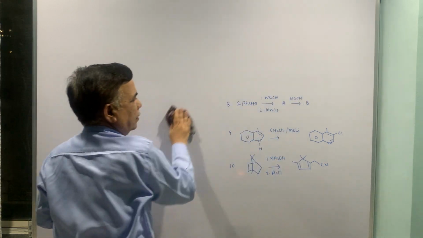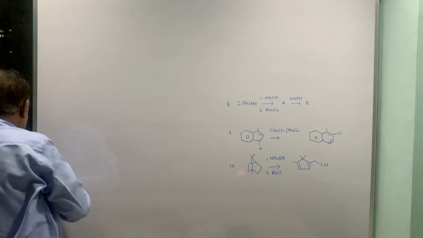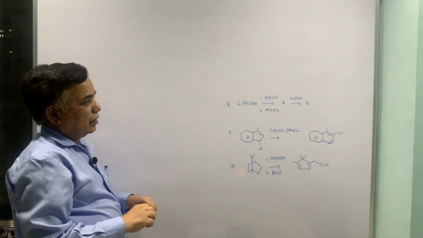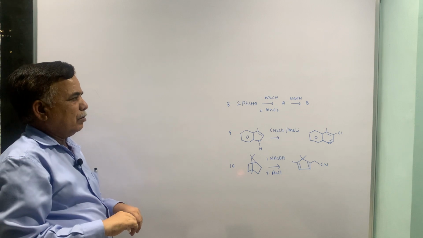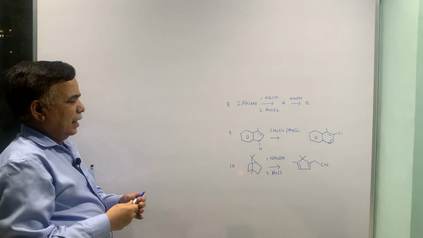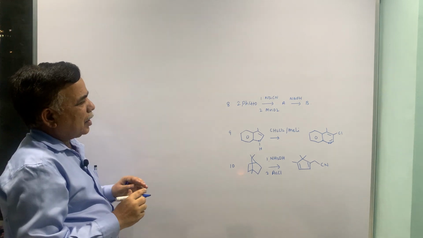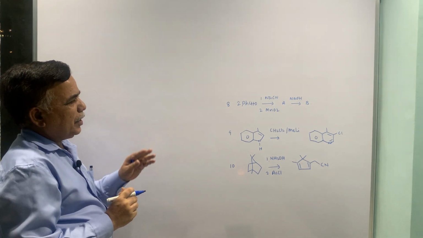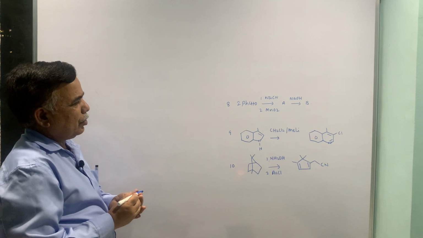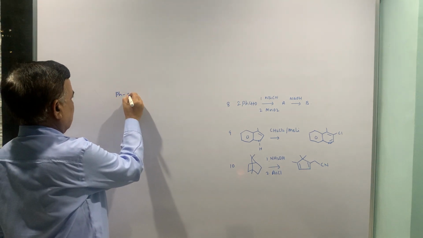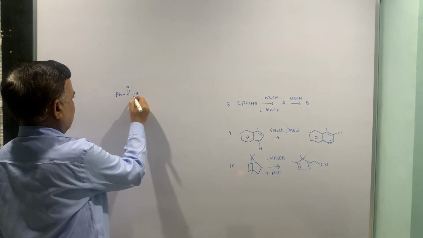Okay. The next reaction is a reaction of two benzaldehyde molecules in presence of NaCN and then MnO2, and it gives an intermediate which reacts with NaOH, eventually gives B. So I will put benzaldehyde straight away here.